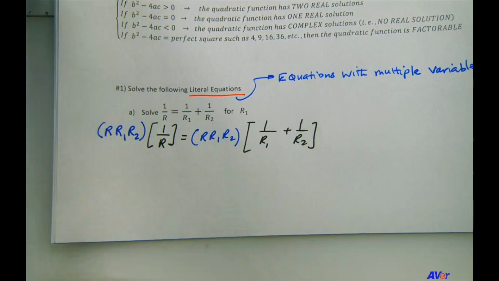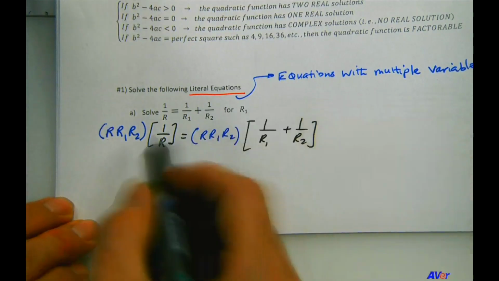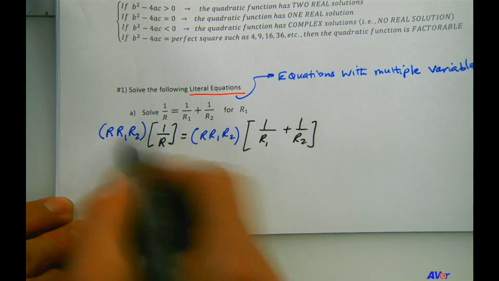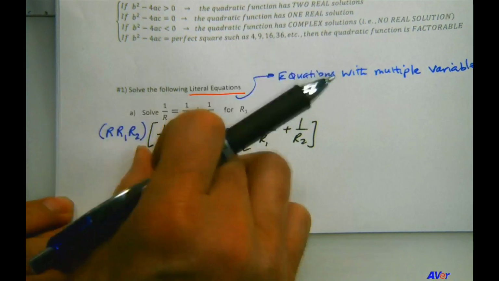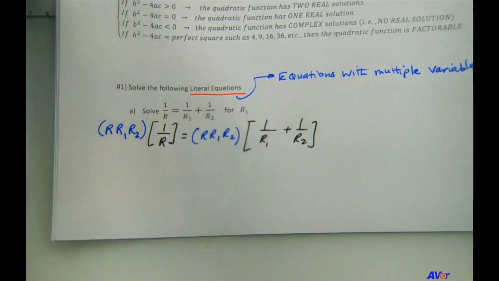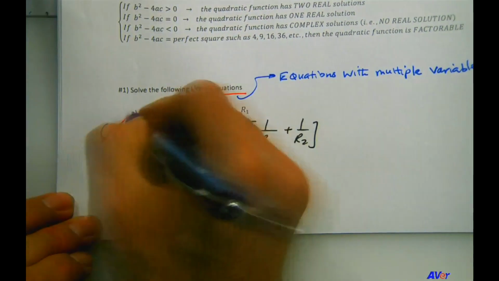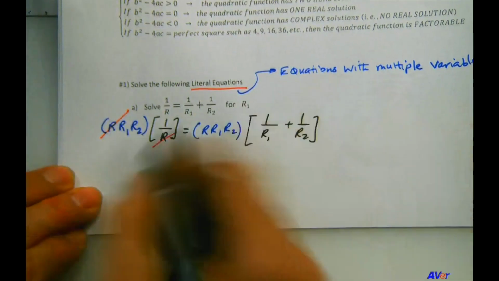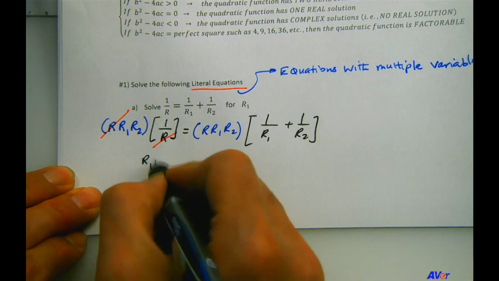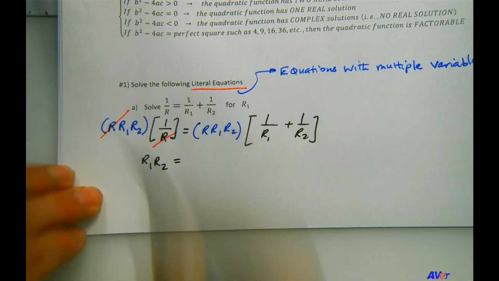Okay, so now let's distribute and simplify. On the left, we already have it distributed. We already have one term and another fraction. So we know that this r and this r cancel each other out, and we end up with r1, r2, right? The fraction is gone.